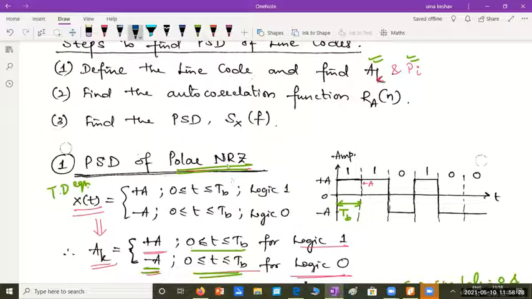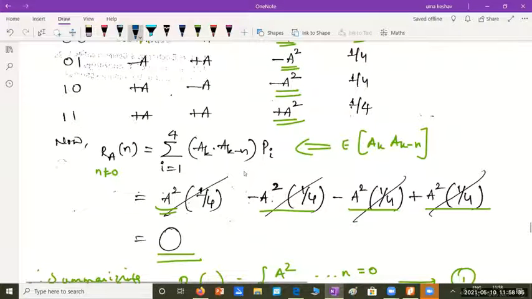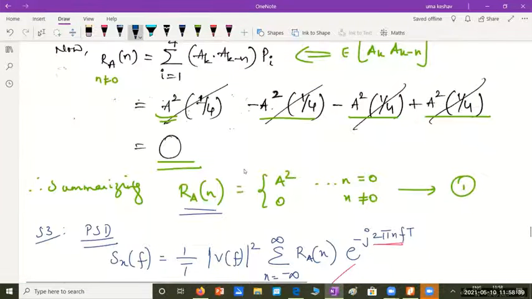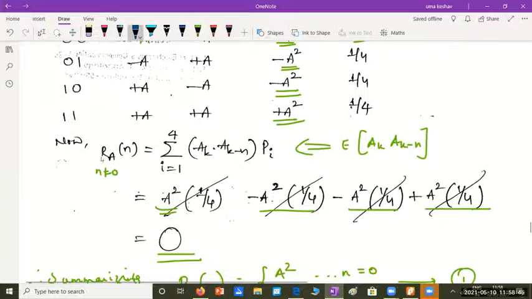If you have any doubts in finding the power spectral density of polar NRZ, please ask. This is one of the simplest. Polar NRZ is one of the simplest representations. And the reason for that is this autocorrelation function becomes 0 when n is not equal to 0.